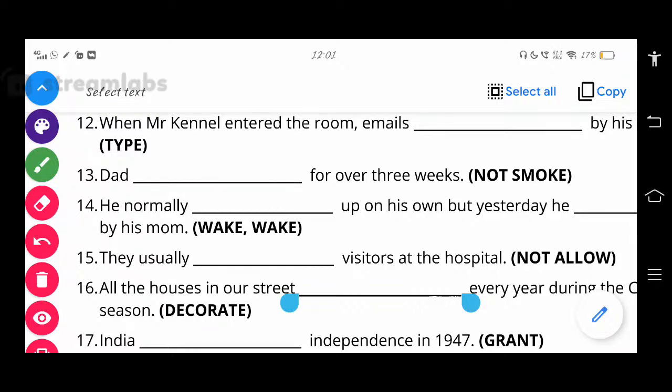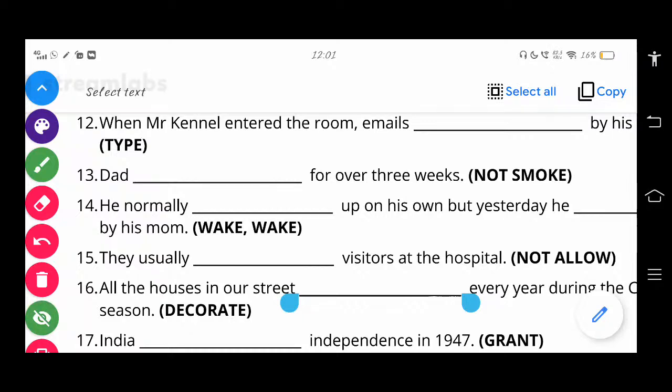The keyword is for over 3 weeks. By going through that phrase, we can decide in what way the verb is supposed to be used. Has anybody got an idea in what way this action has to be expressed?